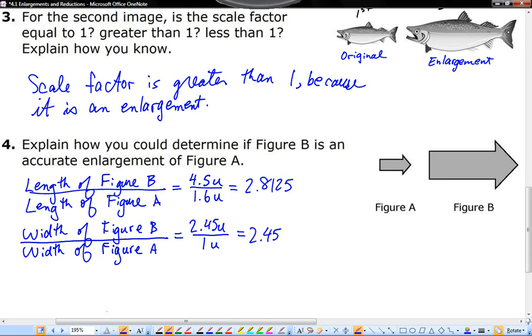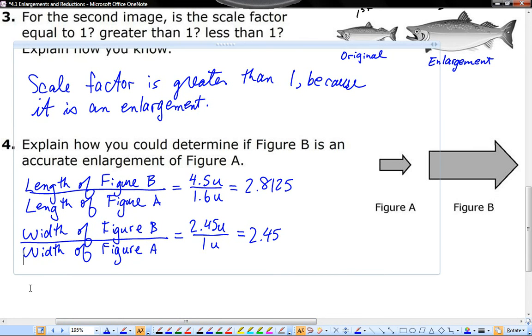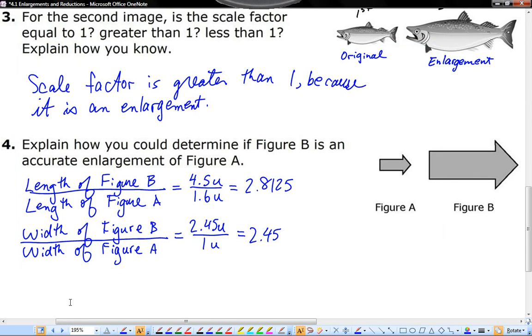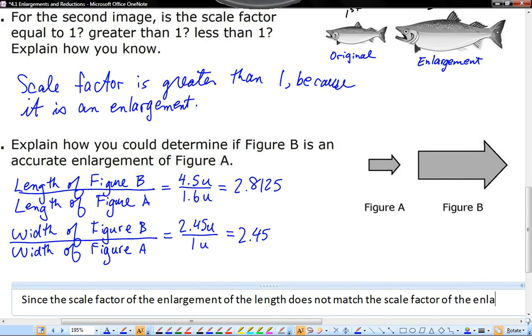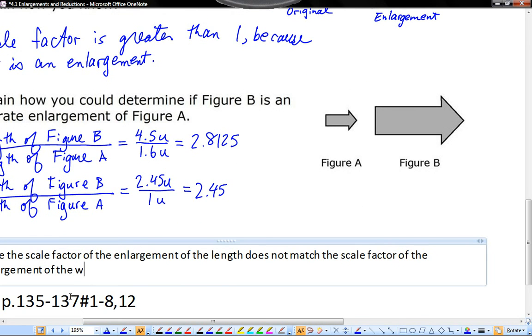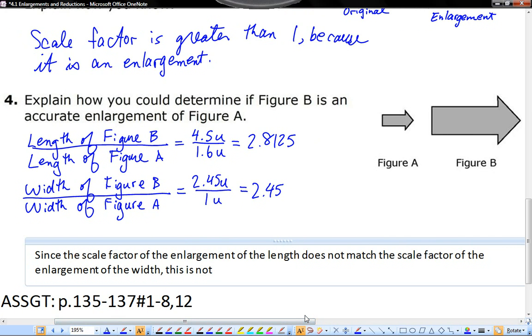So what I can do here is I can say that since the scale factor of the enlargement of the length does not match the scale factor of the enlargement of the width, I would say that this is not an accurate enlargement of figure A. And by this I mean figure B.